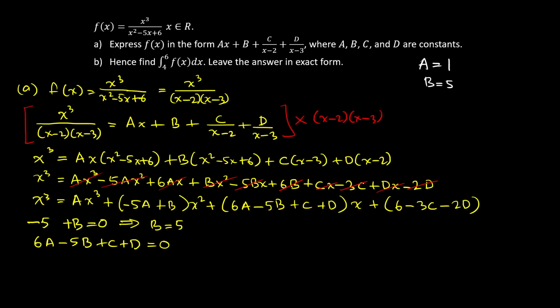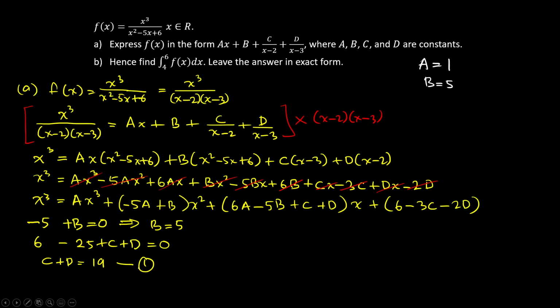The value of a is 1, and the value of b is 5, so 5 times 5 is equal to 25. So 6 minus 25 is minus 19. That means c plus d is equal to 19. I call that equation 1.